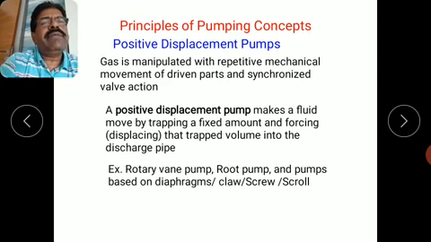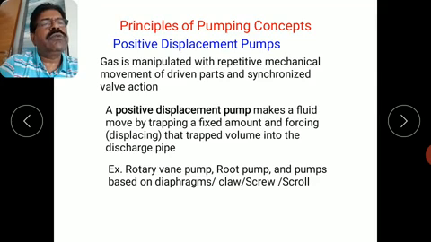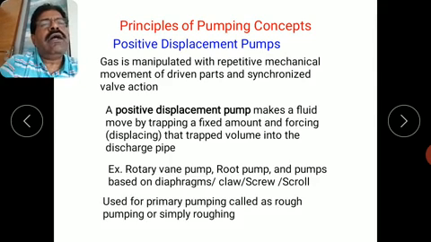Some of the examples of this type of positive displacement pumps are rotary vane pump, root pump, and pumps which are based on some mechanical parts like diaphragm, claw, screws, and scrolls. These are all mechanical type of pumps.